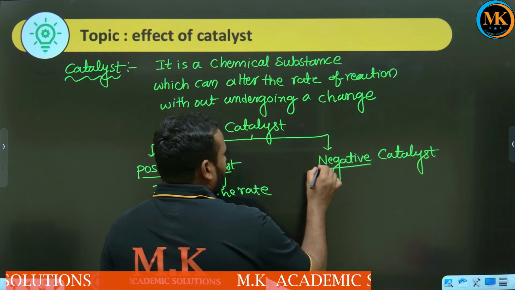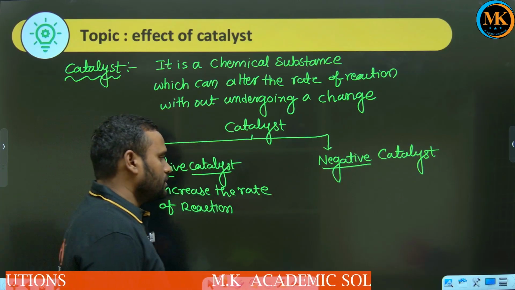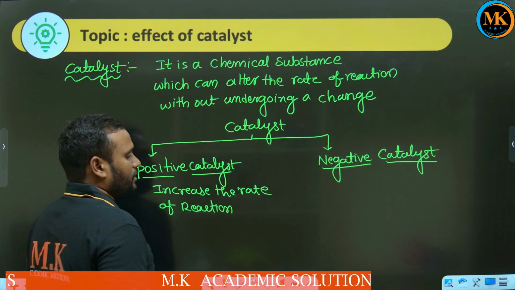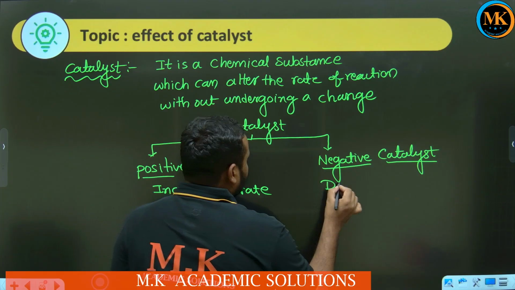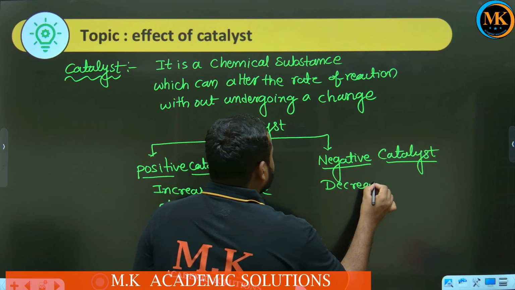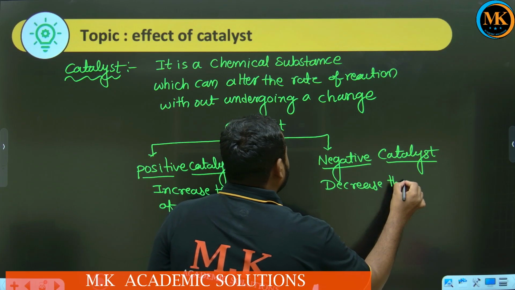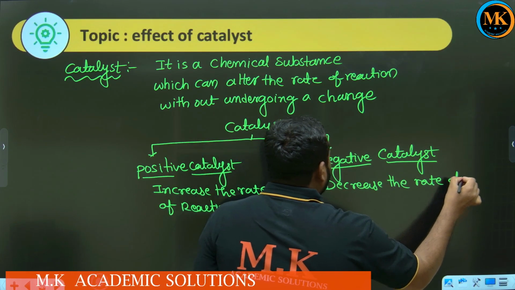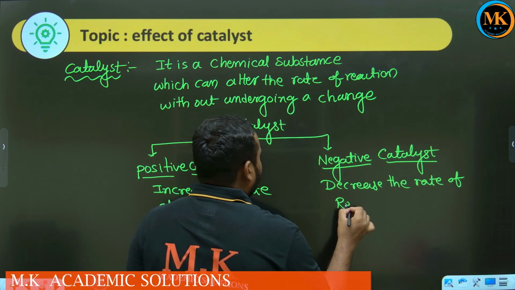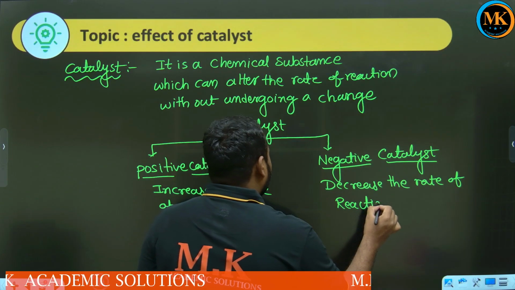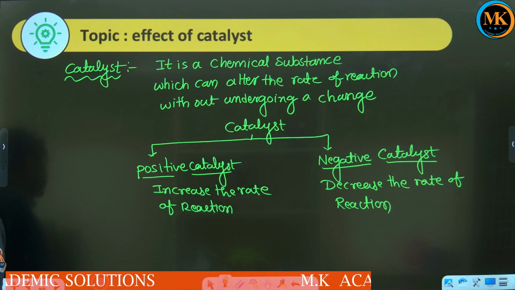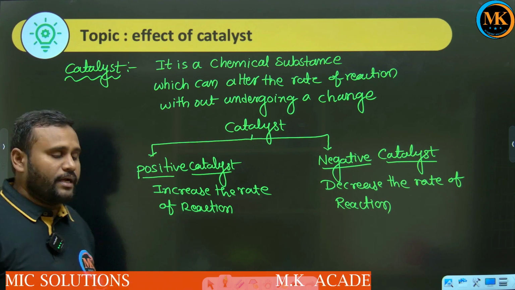And what is a negative catalyst? The catalyst which decreases the rate of reaction. Now how does a positive catalyst increase the rate of reaction? By decreasing the activation energy.